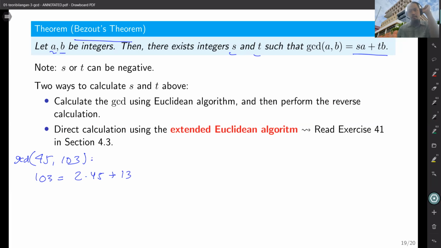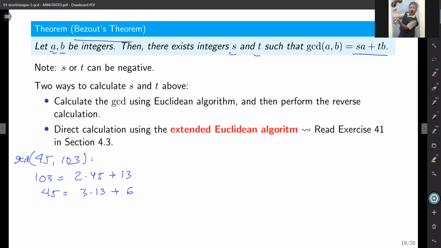What is the next line? 45 equals 3 times 13, correct, plus 6. Yes. And then what's the next line? 13 equals 2 times 6 plus 1. Correct. And then what's the next one?